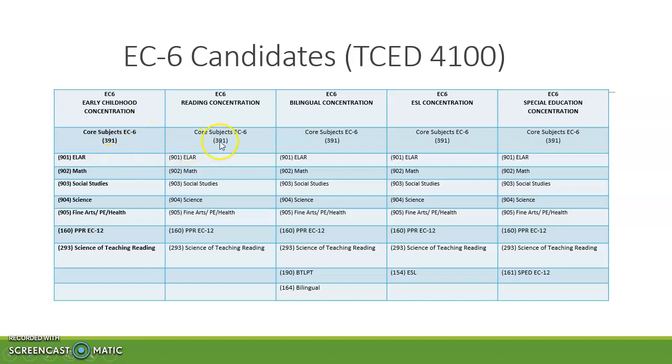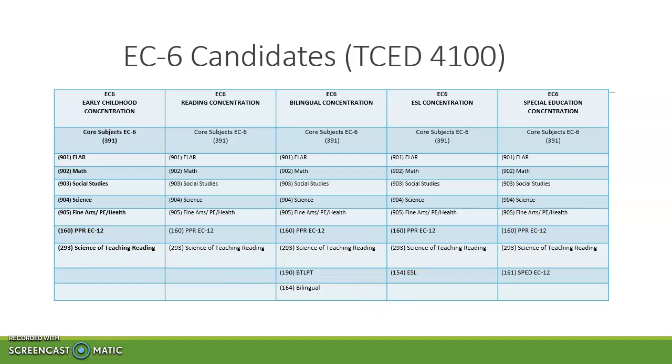So that means all of us that have EC through 6 on our degree plan will be taking the 391. That exam itself has 5 parts to it. You all will be assessed with ELAR, math, social studies, science, fine arts. You all will take the PPR as well, and the science of teaching.